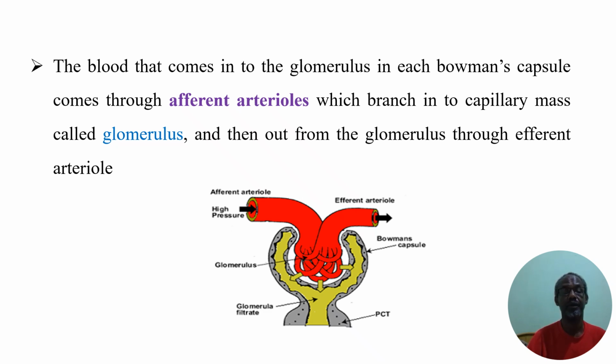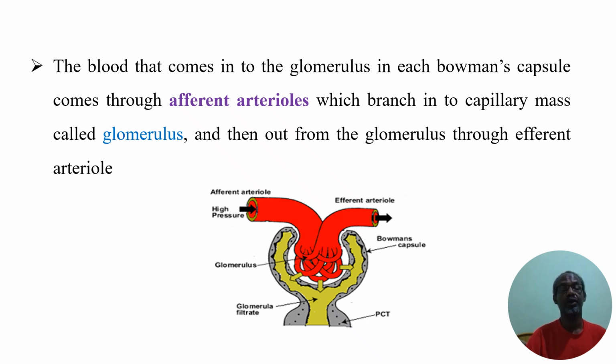Nature made this purposely in order to maintain high pressure. Arteries and arterioles are high pressure systems, and high pressure is needed in the glomerulus in order to filter blood.